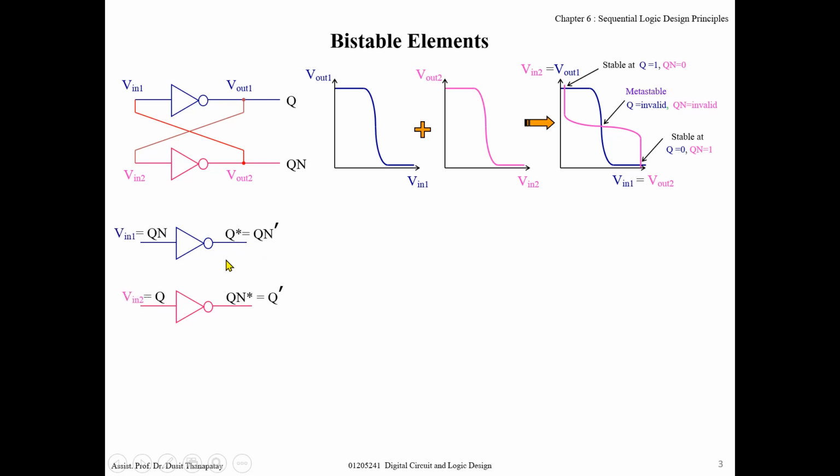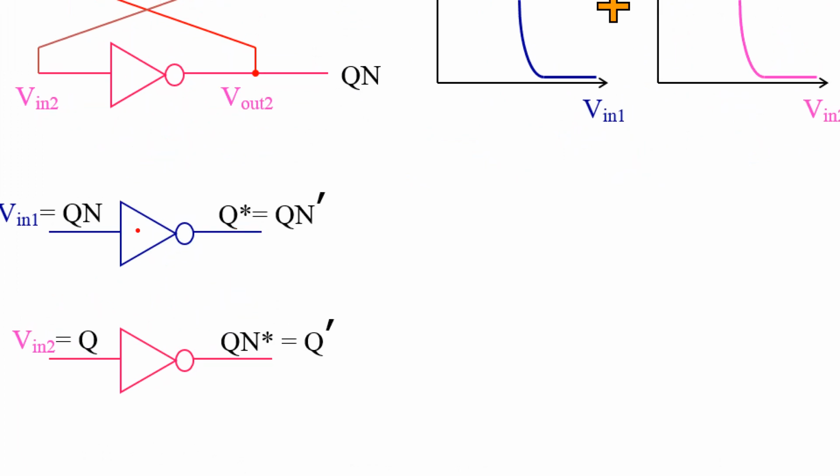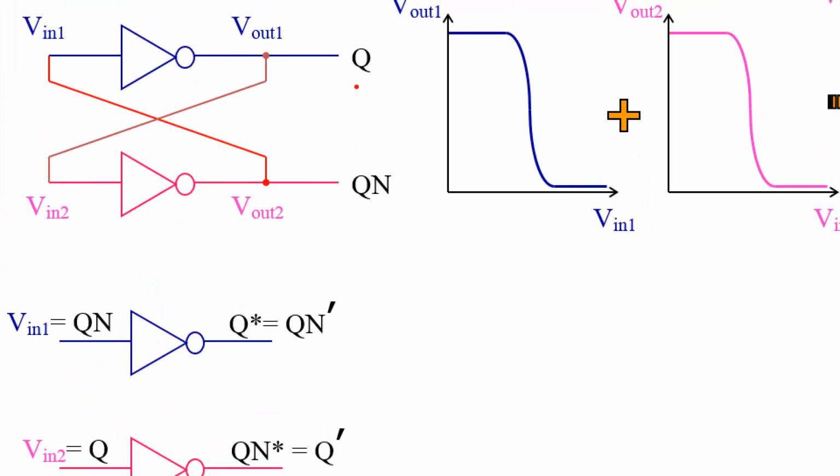At first, let's consider this inverter and this one separately. Again, this one I write as Q. After time passes it is Q star, the new value of Q after time passes. Of course, because the input is from Qn, Q star is Qn prime.